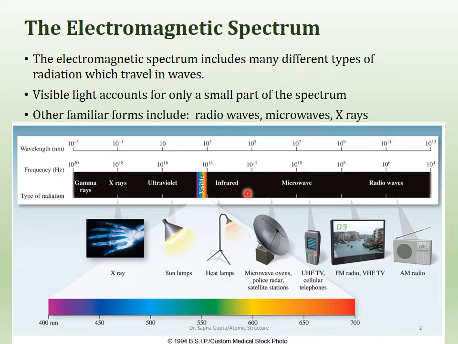Infrared is not harmful, but the fact is that you start feeling the heat. Some of the heat lamps, for example, are infrared, and you may have heard of infrared goggles, which are used for nighttime vision, and those are all based on heat. You can see the heat pattern of a body. That's how you see infrared.